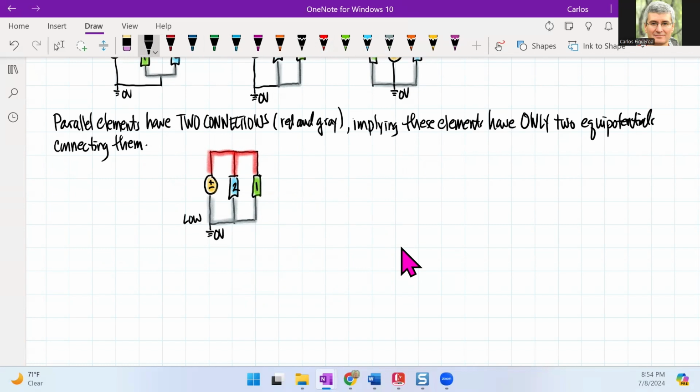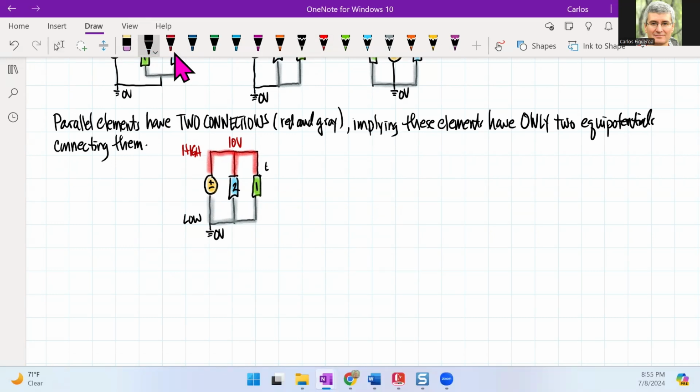But up here, it represents the high. So if we set our high to be 10 volts and everything is down to 0 volts, this immediately tells us that the voltages of 1, 2, and the power supply all have the same voltage.